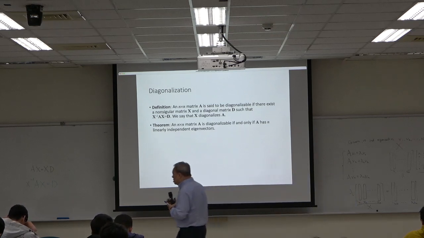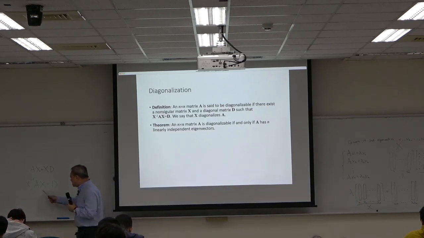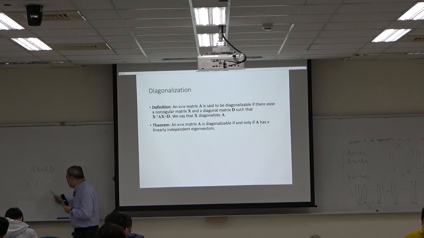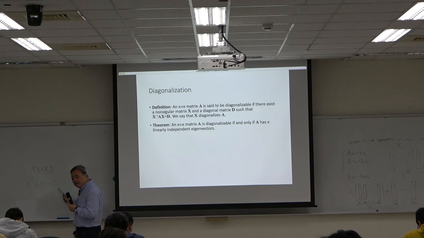If A is diagonalizable, that means there exists X such that X inverse AX equals D, right?